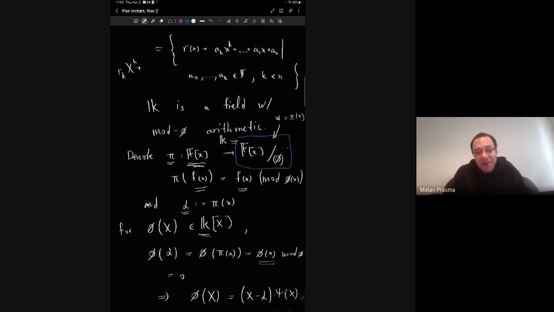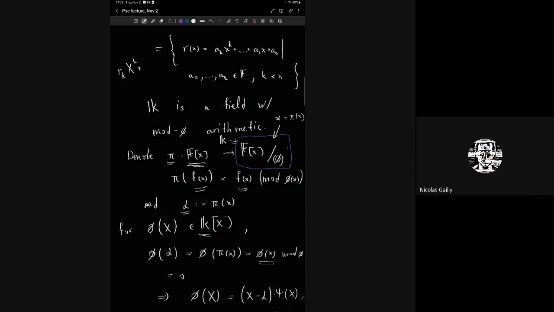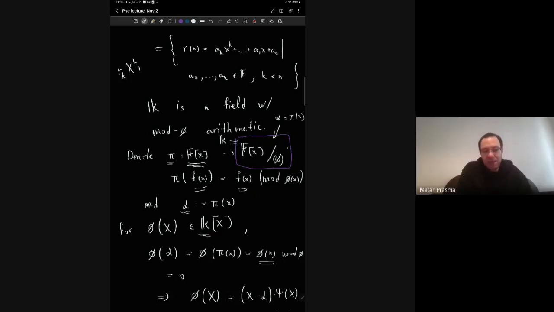So the conclusion is that phi of alpha, or phi of pi of x, is 0 in K. It's kind of a meta trick, but what I get is suddenly that I have a root of phi in this field. That's the heart of the matter, really.